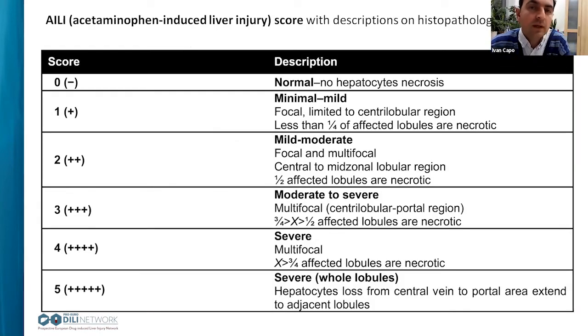If we are looking at the cell necrosis, we also need to quantify how many hepatocytes are damaged. That's very useful because it's not the same if just 25% of the lobules are necrotic, or if the necrosis is very severe and affects more than, for example, 75% of the lobules.